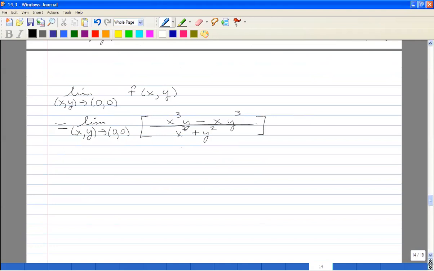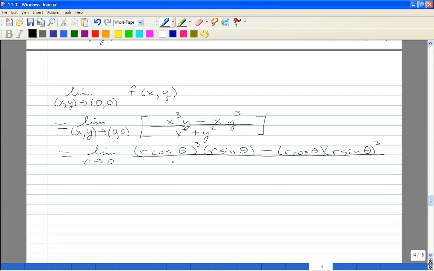And so this is the limit, as r goes to 0, of r cosine theta times r sine theta, minus r cosine theta times r sine theta cubed, over r squared cosine squared theta plus r squared sine squared theta.